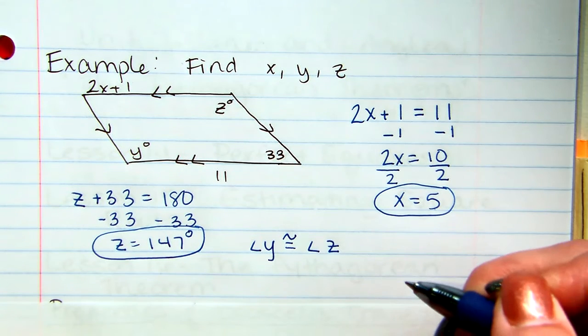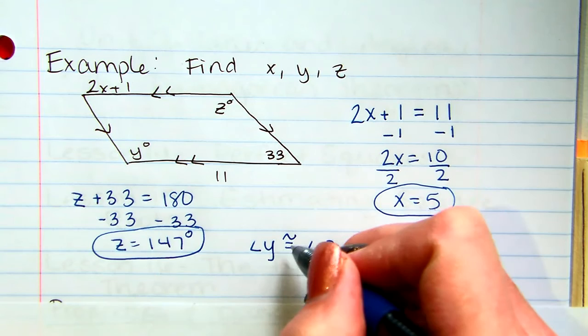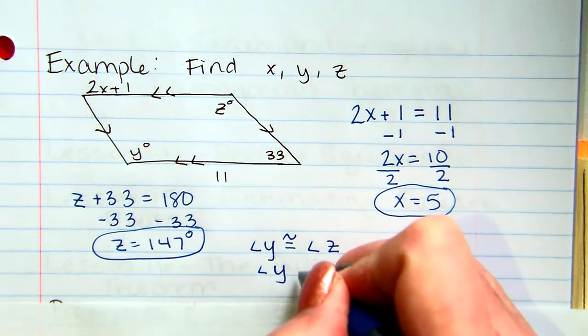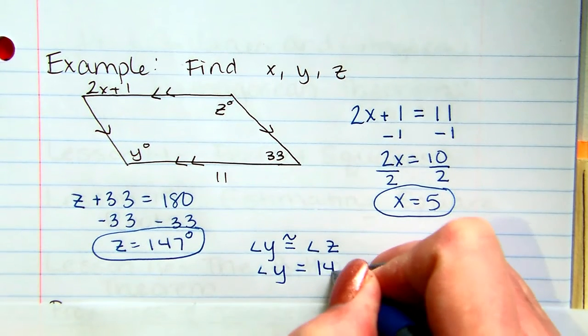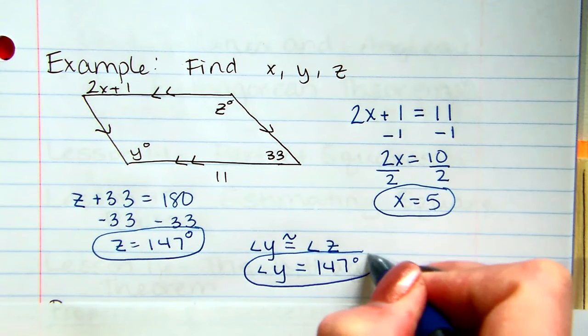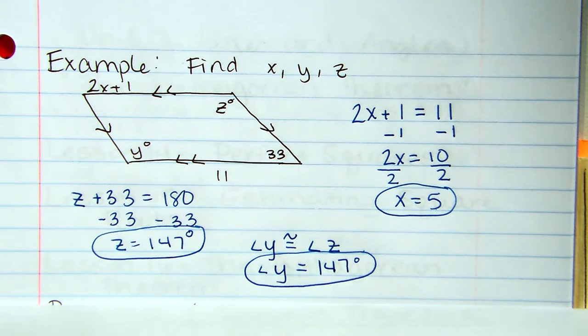Now because angle y is congruent to angle z, angle y equals 147 degrees. So we don't even have to go through and create an equation for angle y. All we need to do is state that angle y is congruent to angle z.